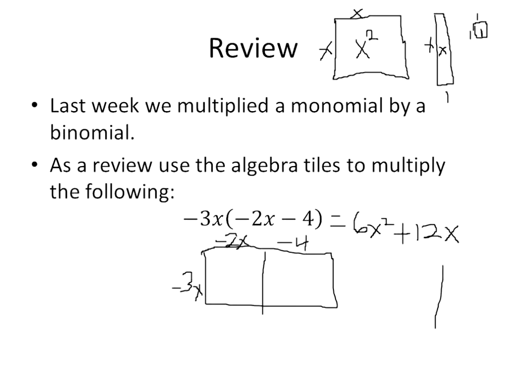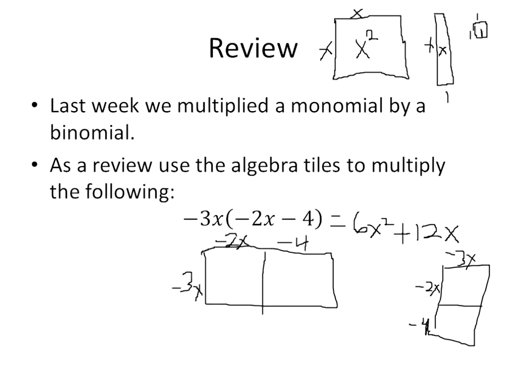I could have written it so that the picture went up and down this way, couldn't I? So it matches what I built up here. It could have gone that way, right? That make sense? And so it would go on the top. The negative 3x would go on the top. And the side down here would be the negative 2x and the negative, minus 4.